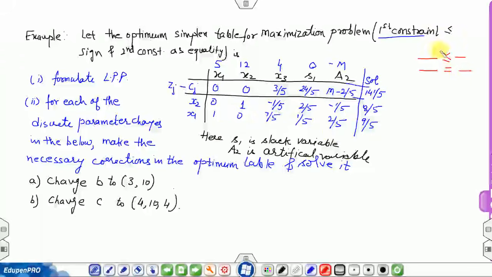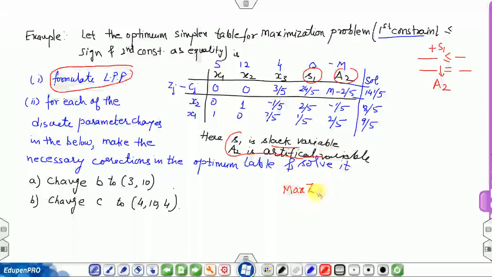So definitely here you are using the slack variable, and here you are using the artificial variable. That's why S1 and A2 are there, and it is mentioned that S1 is a slack and the second is the artificial variable. So you have to formulate the LPP. That is quite easy because you already know how to formulate the LPP.